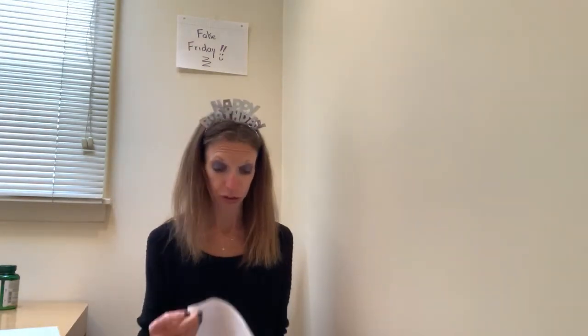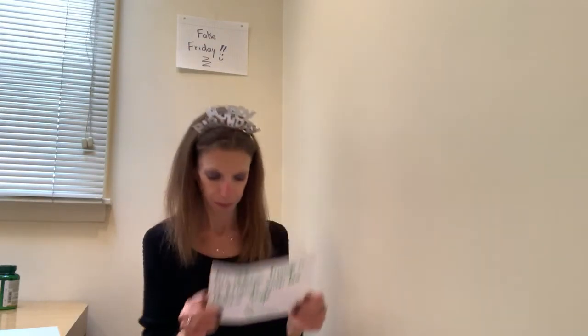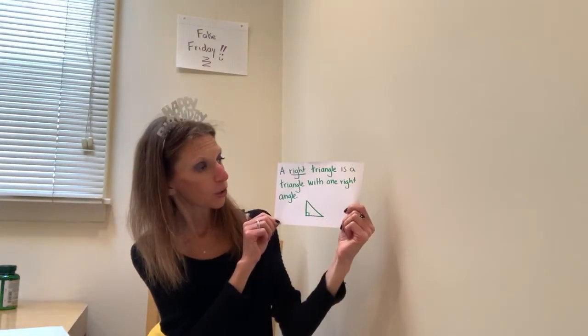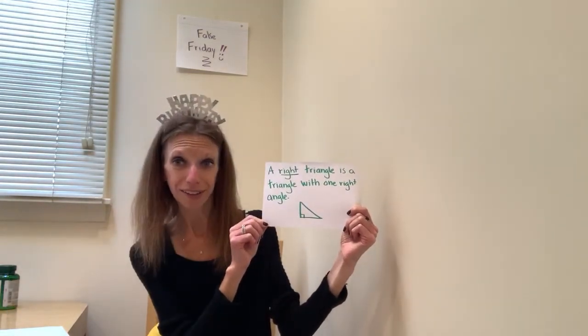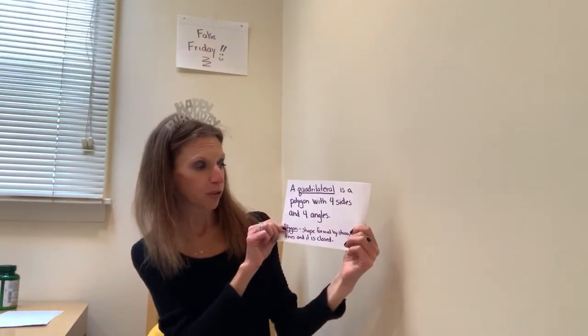An obtuse triangle is a triangle with 1 obtuse angle. And then a right triangle is a triangle with 1 right angle. Okay. So now let's go over our quadrilaterals. Remember, it is a polygon with 4 sides and 4 angles.